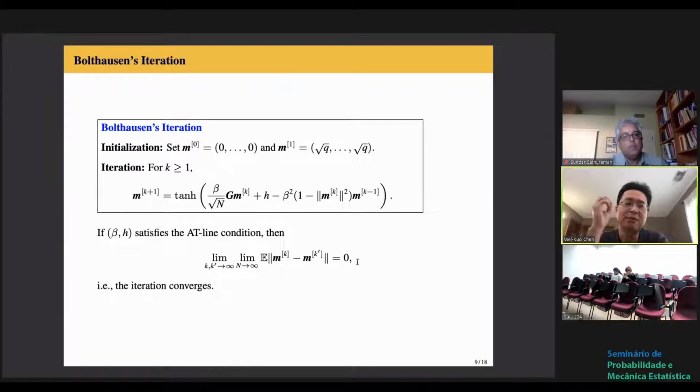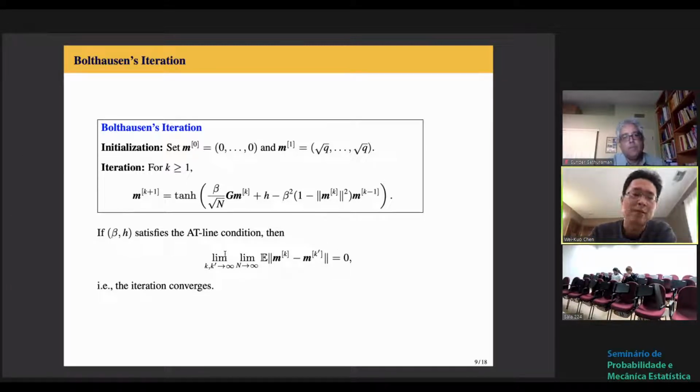In some sense, what that AT condition says is that it tells you that this Bolthausen's iteration is, that condition is some kind of sufficient condition to guarantee this is a contraction mapping. Something along that line. And indeed, that should be also sufficient and necessary condition to guarantee this.